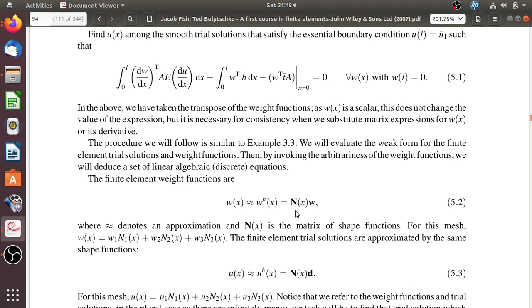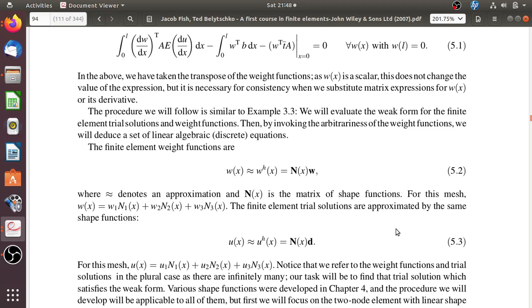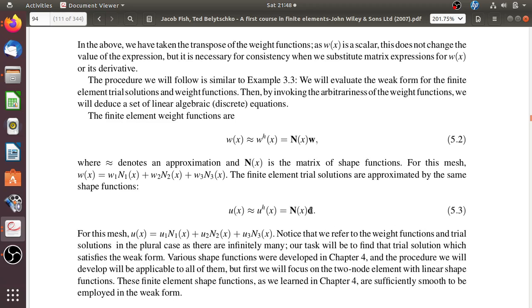Okay, and I will do this for this entire equation. I will substitute wherever I find w and u. Okay, fine. And once I do that, solving for u is nothing but identifying what this d is.